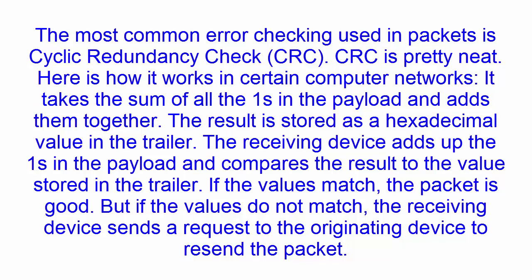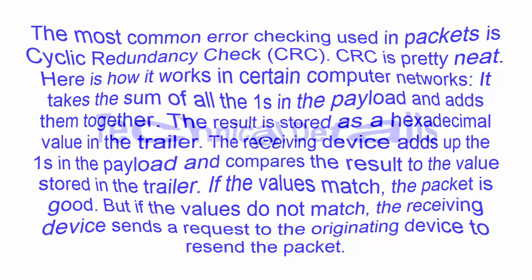It takes the sum of all the ones in the payload and adds them together. The result is stored as a hexadecimal value in the trailer. The receiving device adds up the ones in the payload and compares the result to the value stored in the trailer. If the values match, the packet is good. But if the values do not match, the receiving device sends a request to the originating device to resend the packet.